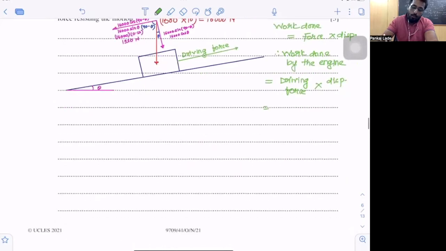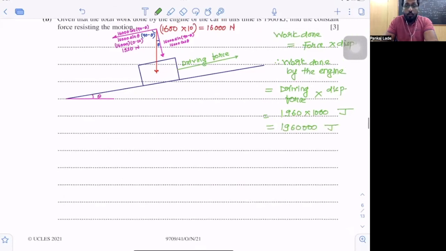So that's 1960 into 1000 joules. I write 1960 and 3 zeros. Joules is Newton meter. So I have work done by the engine, it's 1960000 joules.